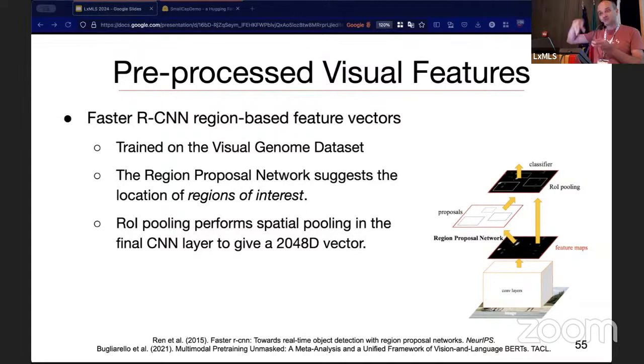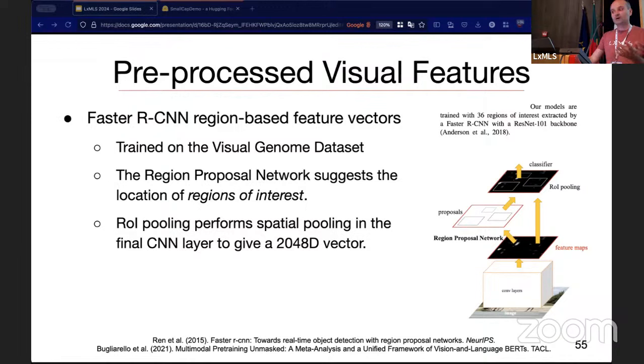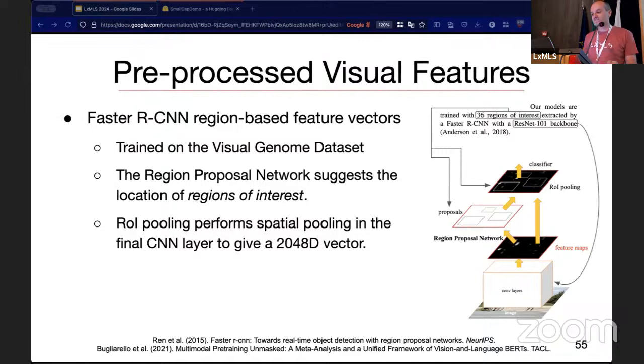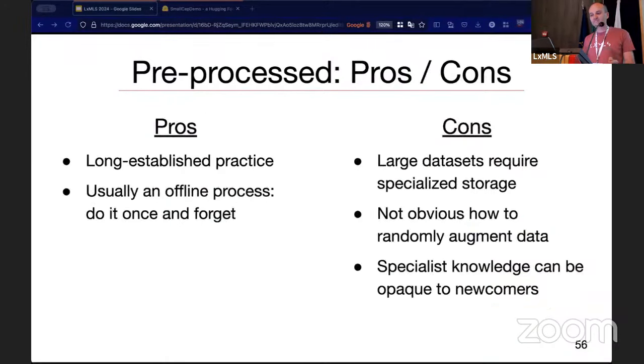And then within those regions of interest, a CNN gives a single feature vector that represents that, instead of representing it in the image as a whole. If you see this within a paper, you might read something like this. Our models are trained with 36 regions of interest. That's those things, extracted from a Faster RCNN backbone. That's down there at the bottom. This is the thing that's actually extracting these 2,000 dimension vectors from the representation.